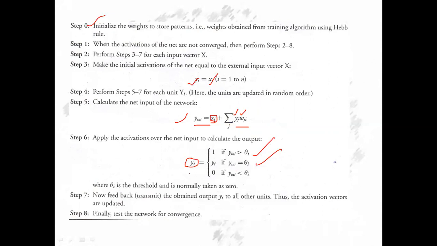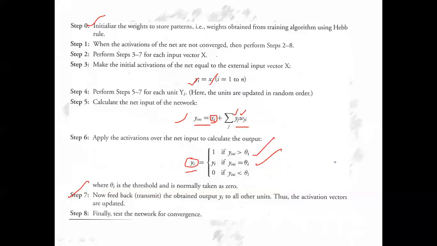Now this output generated at the ith neuron will be fed back as the input for the next step, and this process repeats till the already stored pattern is mapped to the input pattern being supplied to the Hopfield neural network. So this is the overall algorithm we are going to follow for Hopfield neural networks.